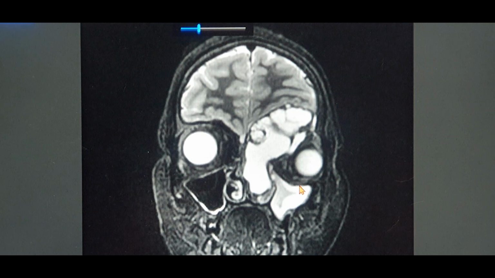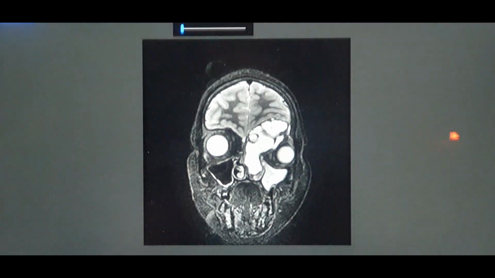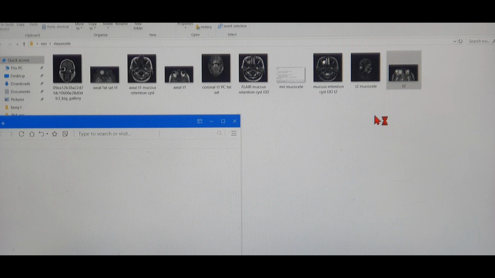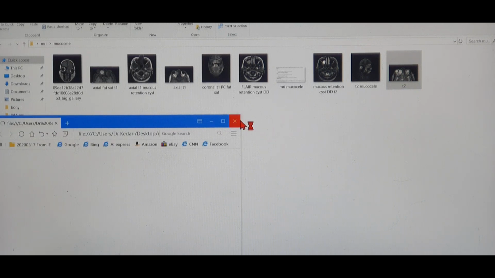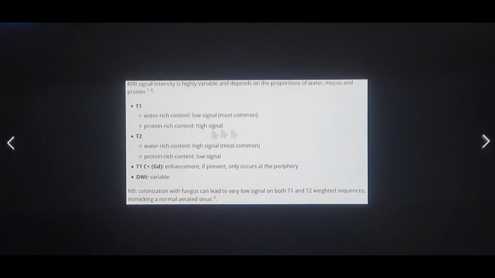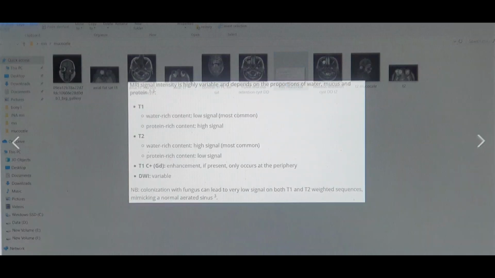Also, you can see a lot of retained secretions in the maxillary sinus over here. So that is an indication that it is a T2 scan. Okay, so moving on further ahead. So this was about the mucocele, and this photograph was really important. You should know the basic concept of that.